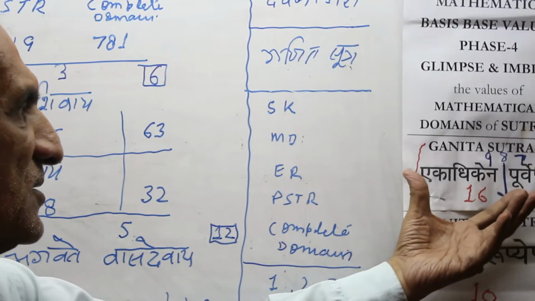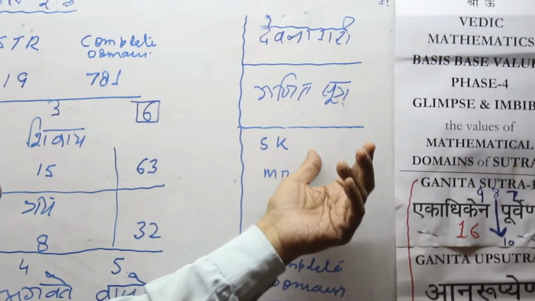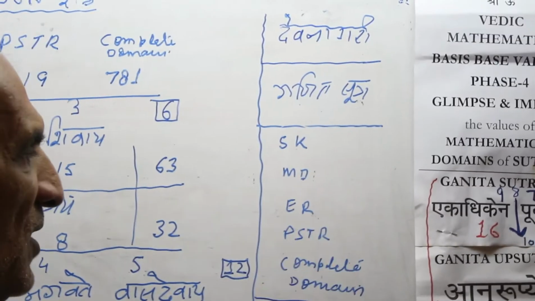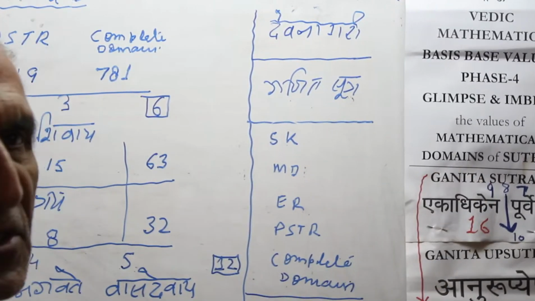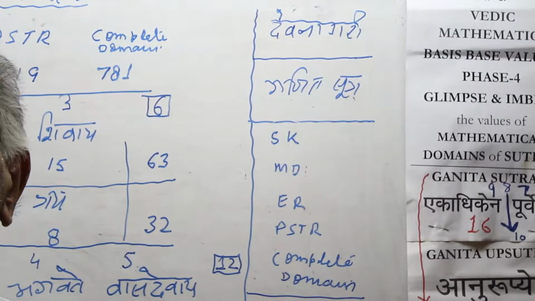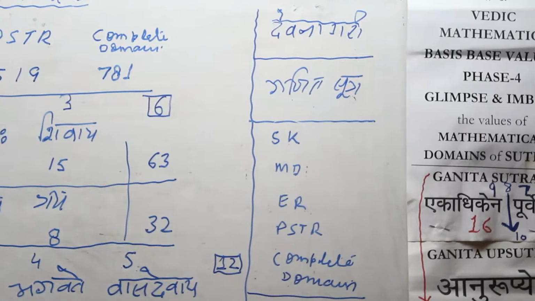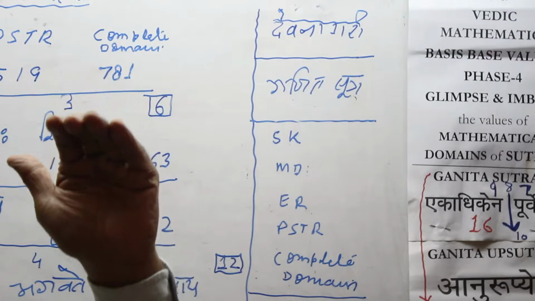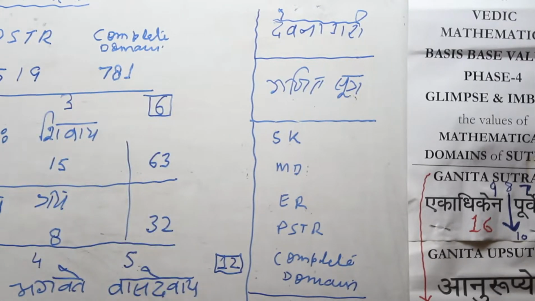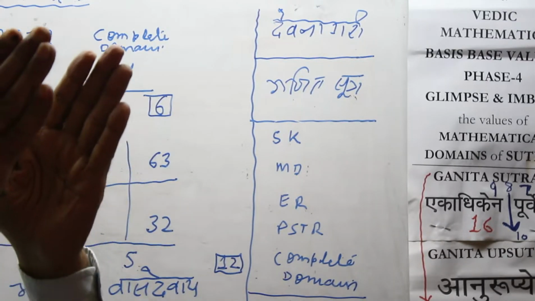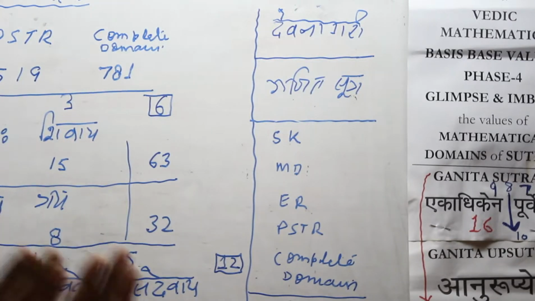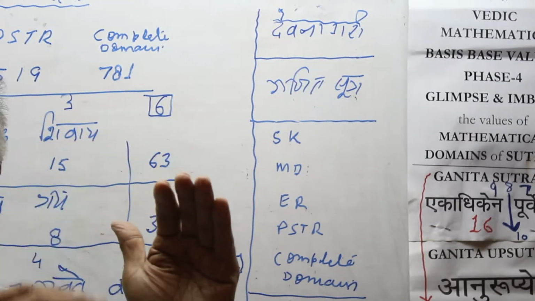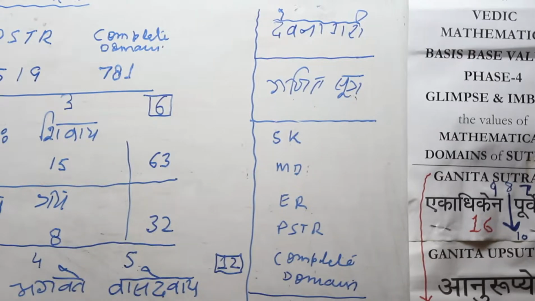After these structural keys, we have been exposed to the mathematical domains. The mathematical domains of the 16 Ganita Sutras are preserved in the first letters of these sutras. The first letters of Ganita Sutra 1 to Ganita Sutra 16 preserve the mathematical domain.